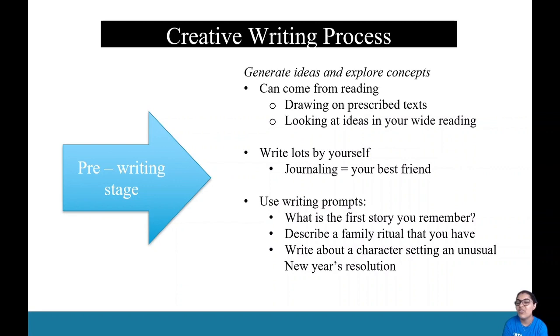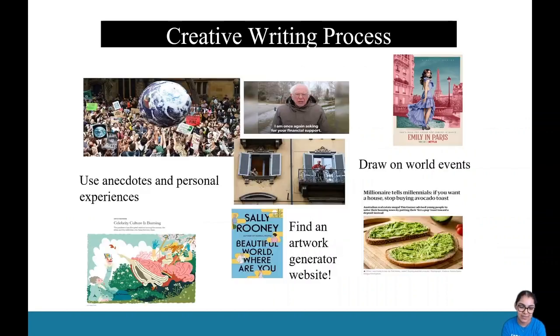And finally, using writing prompts. Writing prompts like, what is the first story you remember? Describe a family ritual, or write about a character setting an unusual New Year's resolution. You can find so many on the internet, and they can be really helpful because they give you a place to start. And sometimes that's the hardest part of writing, finding a place to start.